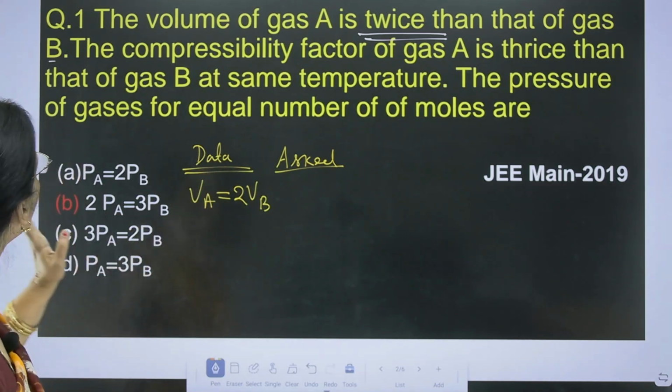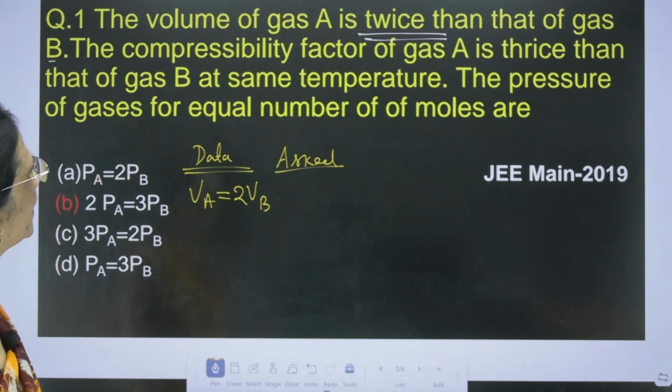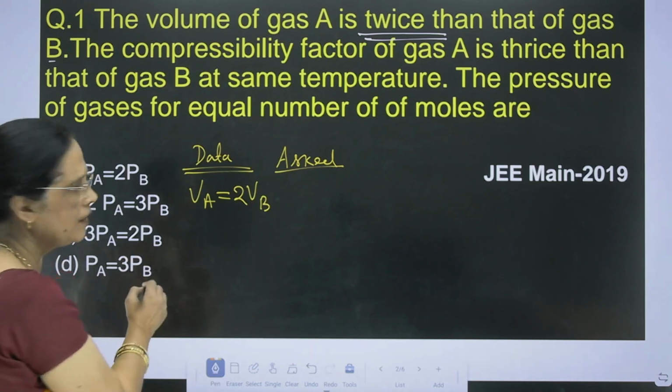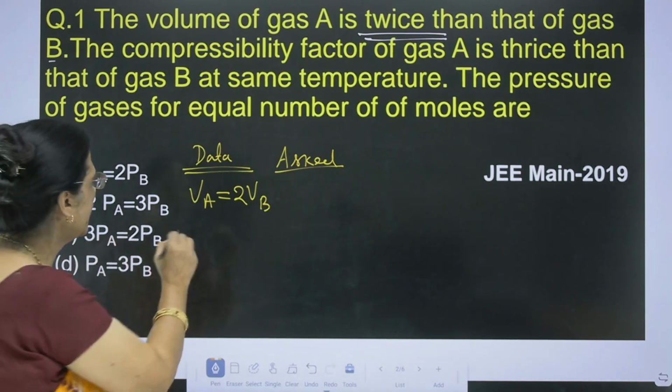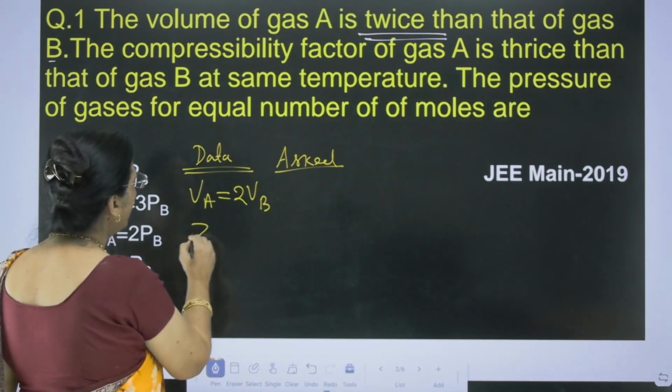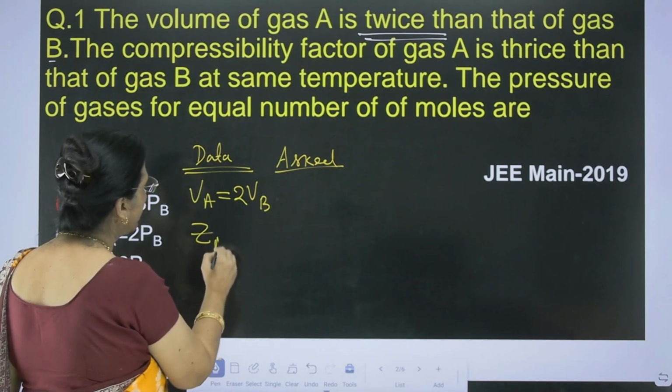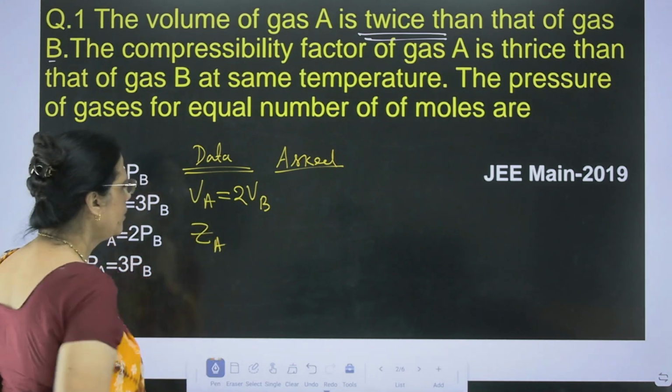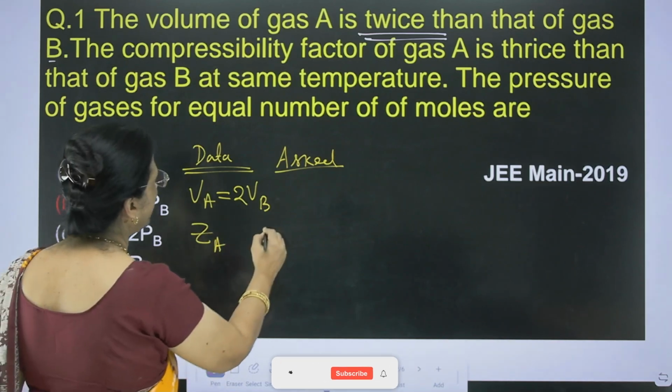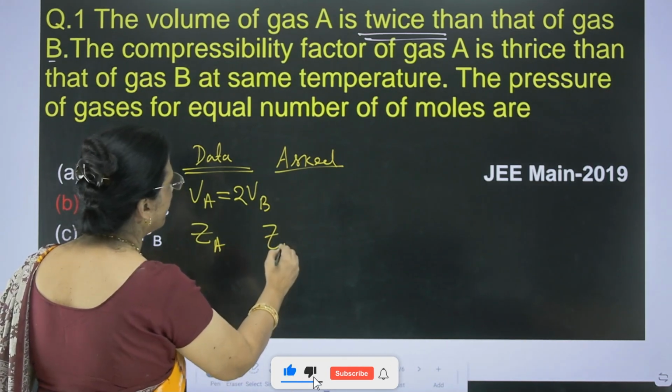This is the first data given. Then the compressibility factor: we have noted it as Z. So let us say the compressibility factor of gas A is ZA and that of gas B is ZB.